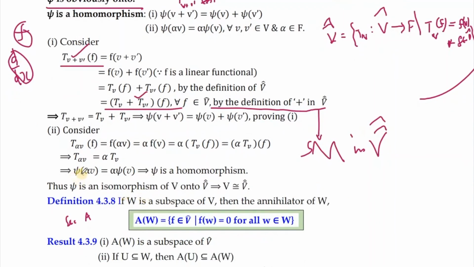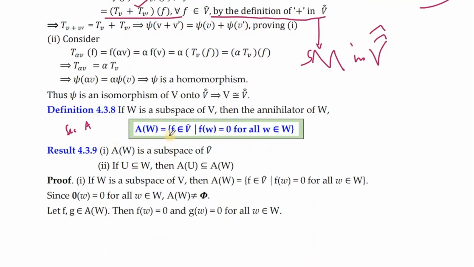So T suffix alpha V is alpha T suffix V. But this is nothing but psi of alpha V, and this is alpha psi of V. So psi is a homomorphism. So psi from V to V double cap is a one-to-one onto homomorphism, therefore V is isomorphic to V double cap.